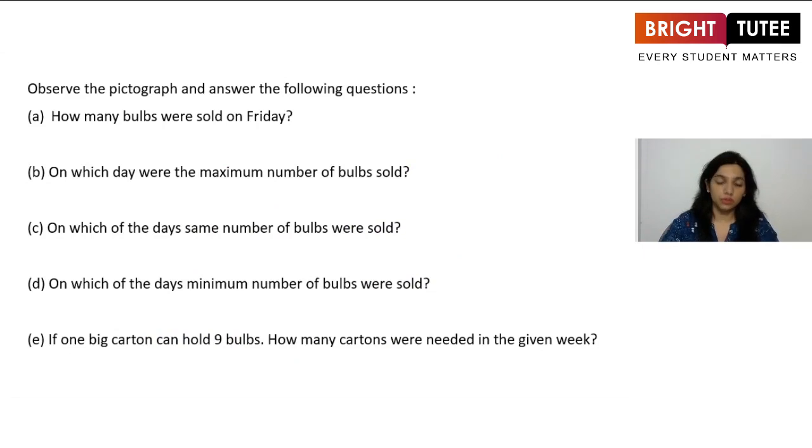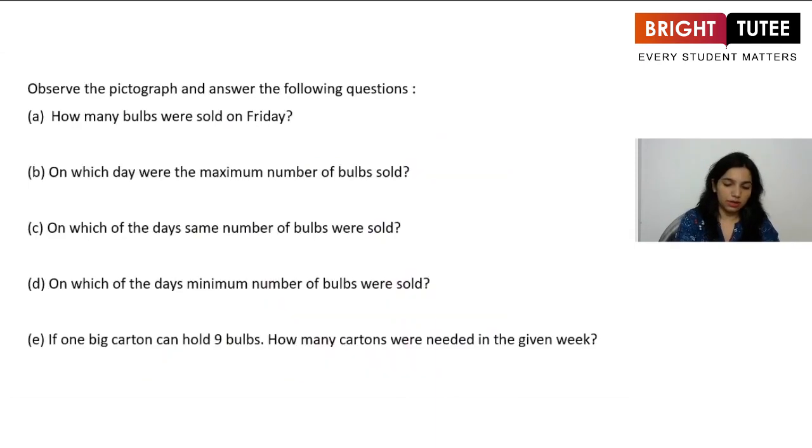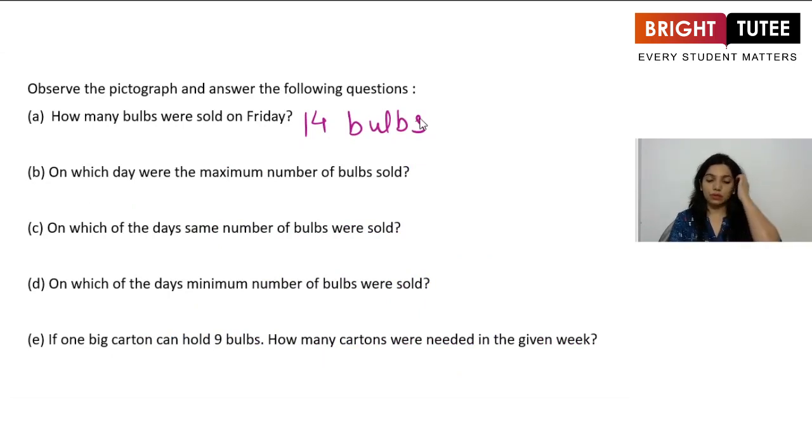How many bulbs were sold on Friday? Let us see for Friday, it is 1, 2, 3, 4, 5, 6, 7. So it is 7 times 2. The answer is 14 bulbs. So let us write it here: 14 bulbs were sold on Friday. The second one is: on which day were the maximum number of bulbs sold?